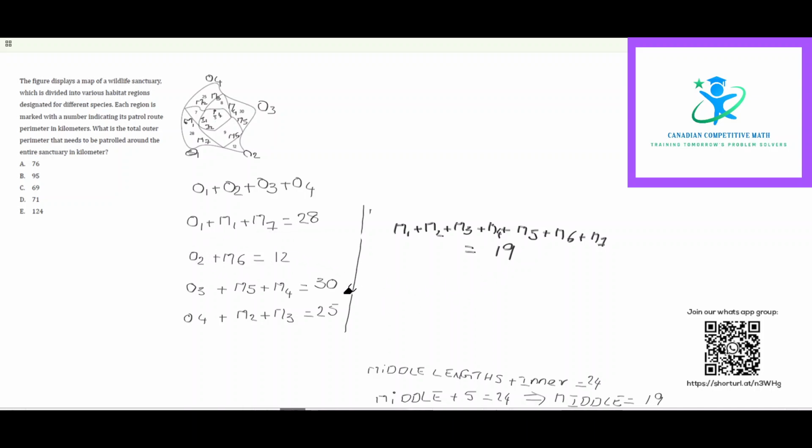Similarly, if we add all the outer equations, O1 plus O2 plus O3 plus O4 plus M1 plus M2 plus M3 plus M4 plus M5 plus M6 plus M7 will be equal to 28 plus 12 plus 30 plus 25. This is 40, 70, 95.